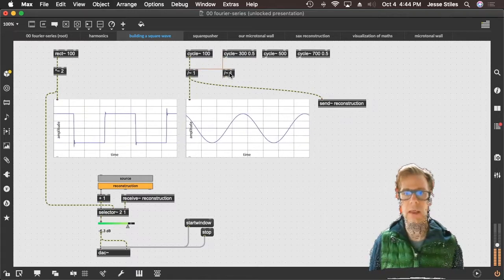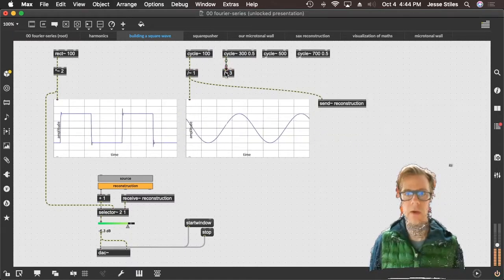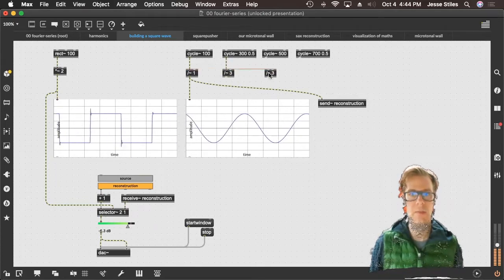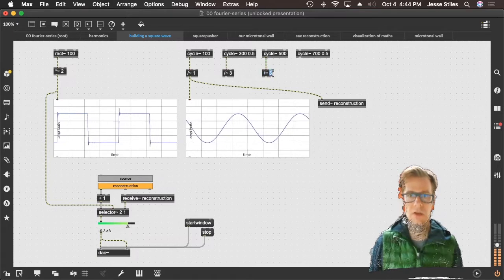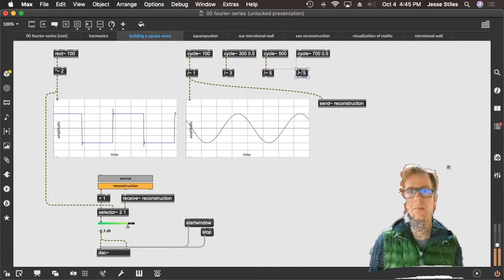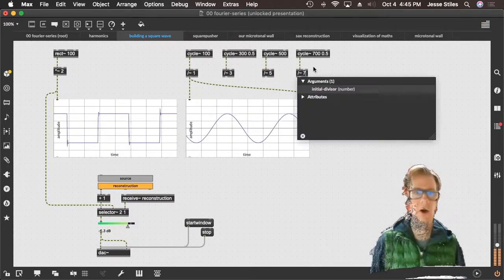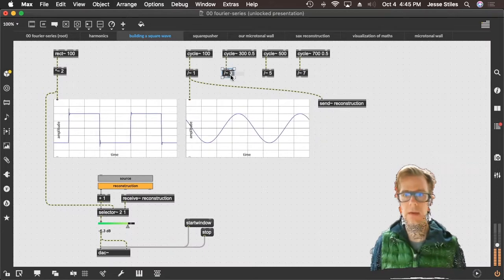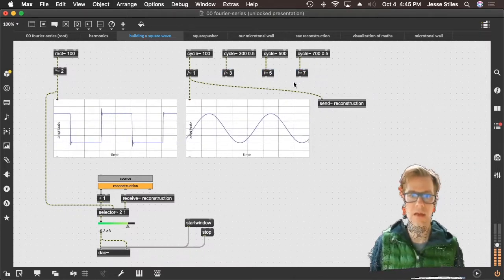And then finally, I happen to know that every harmonic in a square wave is going to be attenuated by a very specific value, which is just dividing by the number of that harmonic. So for the third harmonic, I will divide by 3. For the fifth harmonic, I'll divide by 5. The seventh, we divide by 7, and so forth.